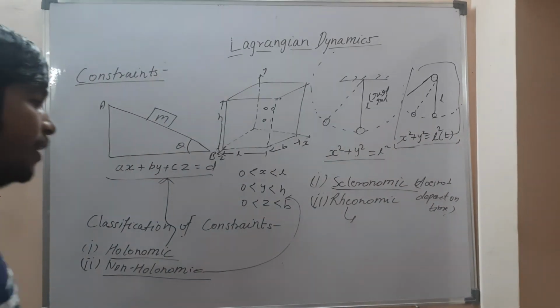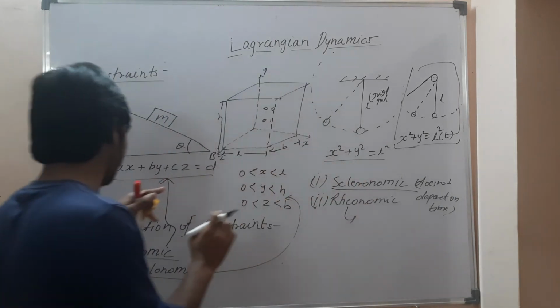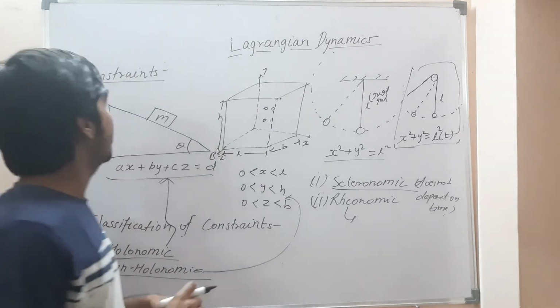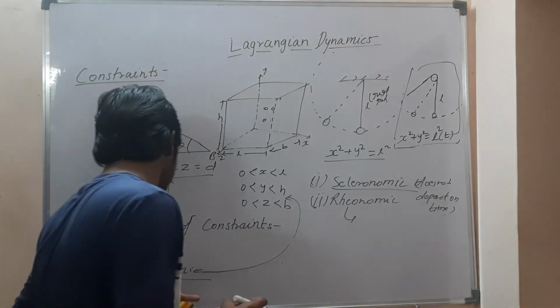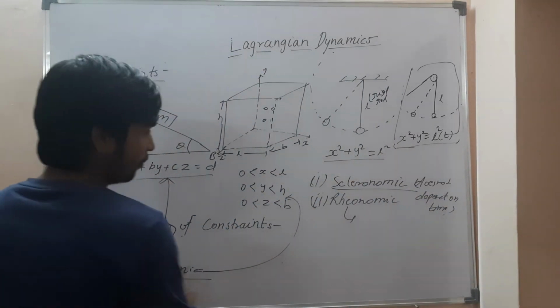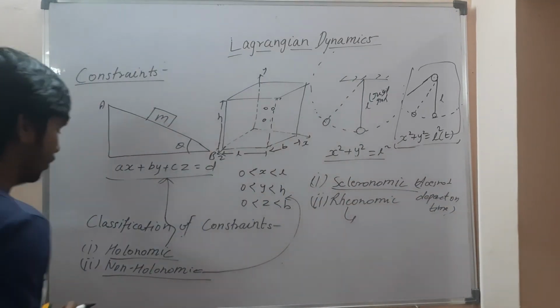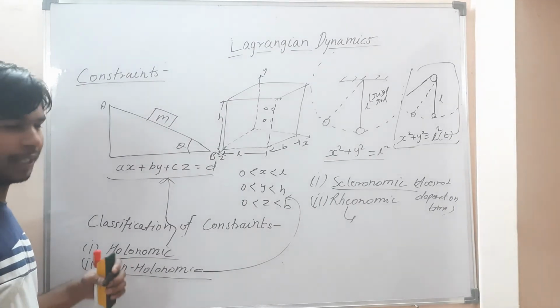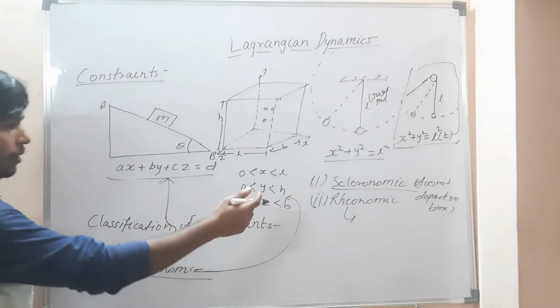So based on time there are two types, and based on whether we can express it as an equation or not, there are two types. So in total there are four types of constraints: the main ones are holonomic, non-holonomic, scleronomic and rheonomic. These are the four examples, and these are helpful for you to understand.